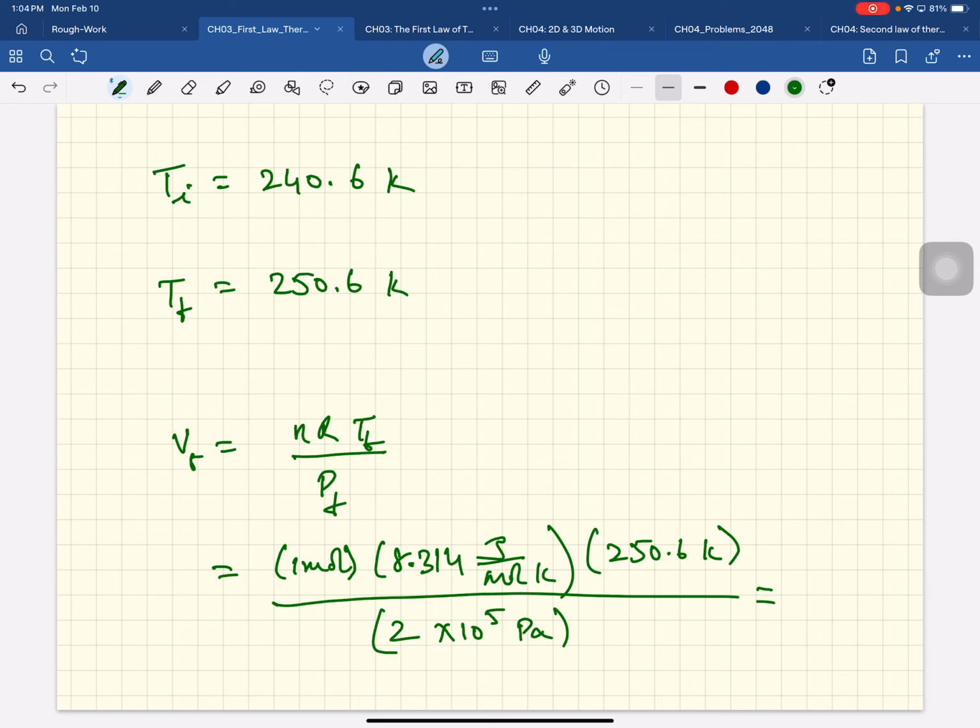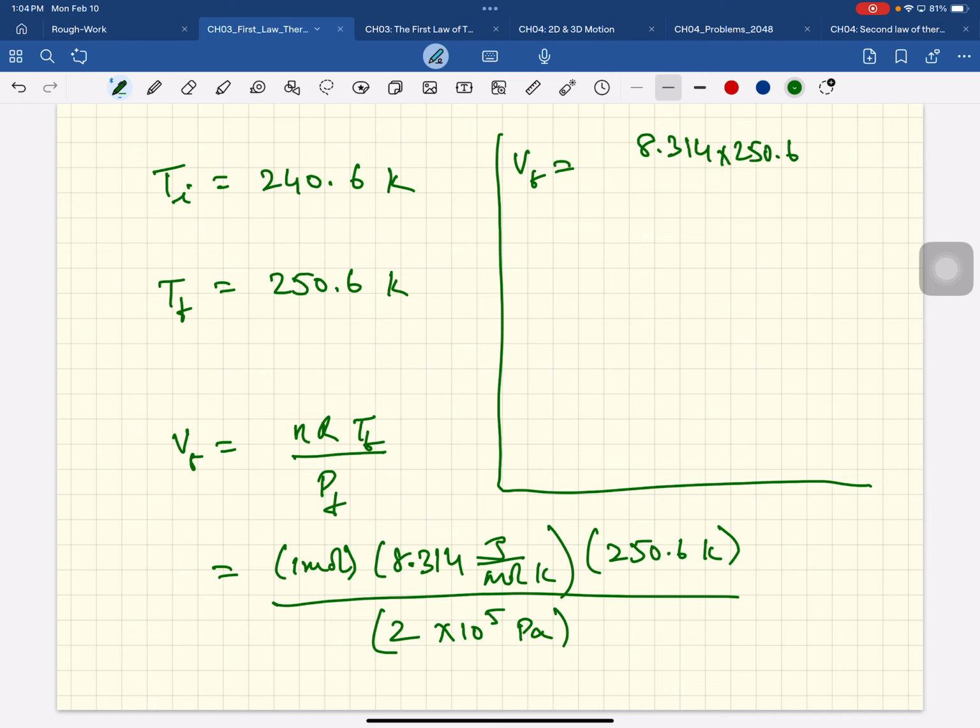All right, since we want it in liters, V final is 8.314 times 250.6 over 200, times 10 to the minus 3 meter cubed.